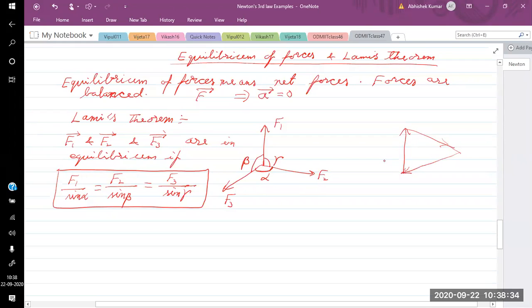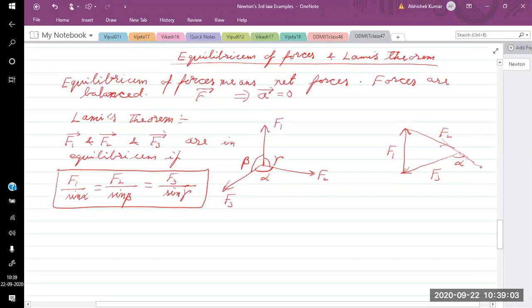If you construct this, the F1 is going to be here. The angle between F2 and F3 is alpha. So this is F1, this is F2, and this is F3, and the angle between F2 and F3 is alpha.